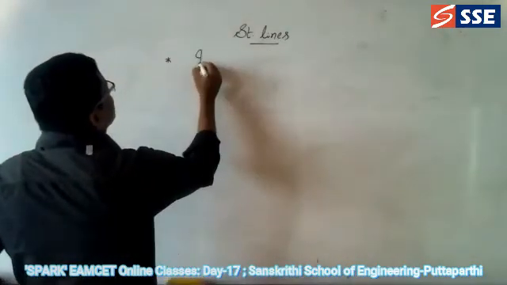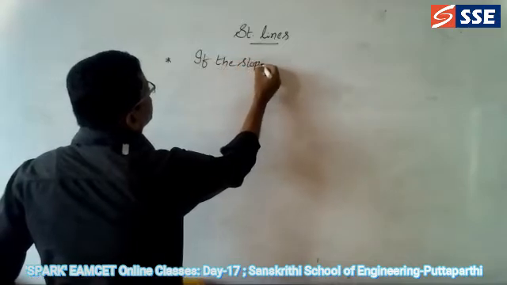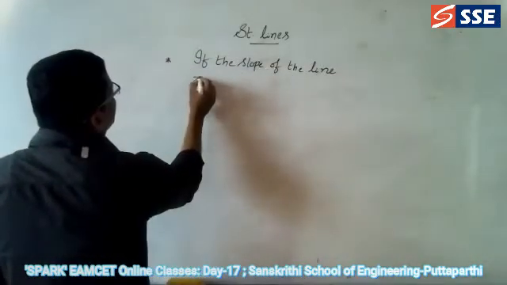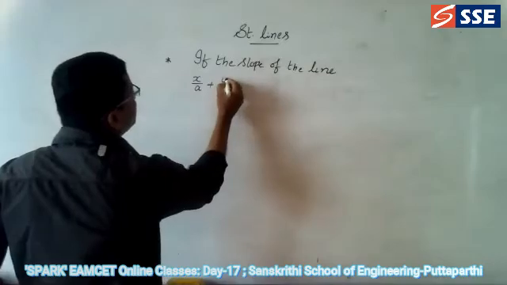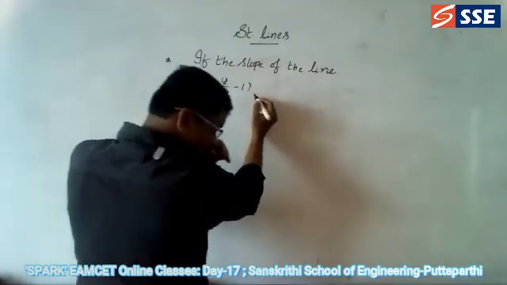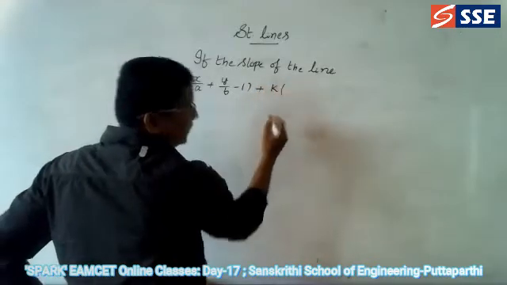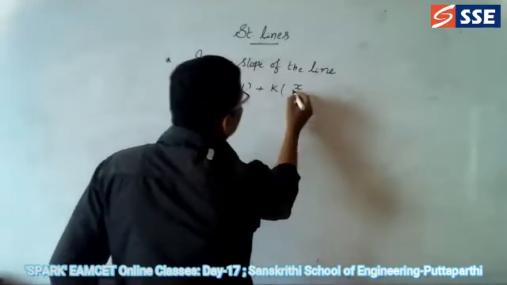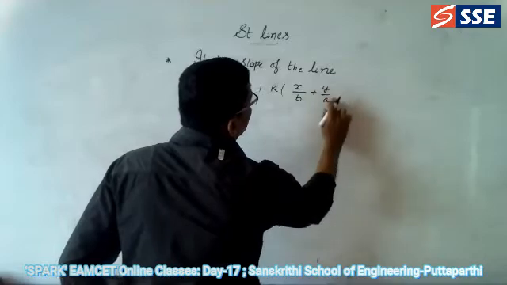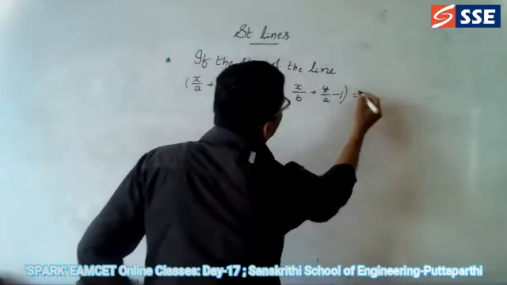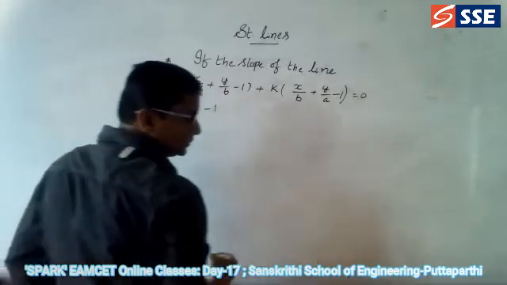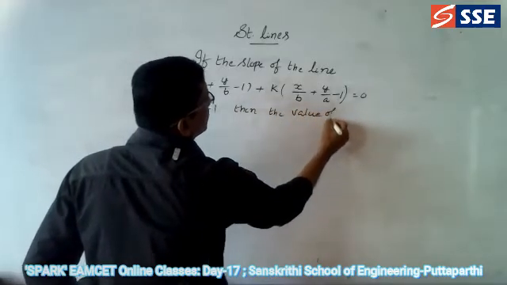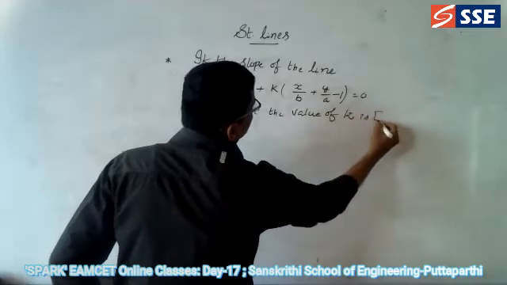If the slope of the line x by a plus y by b minus 1 plus k into x by b plus y by a minus 1 is equal to 0 is minus 1, then the value of k is dash.